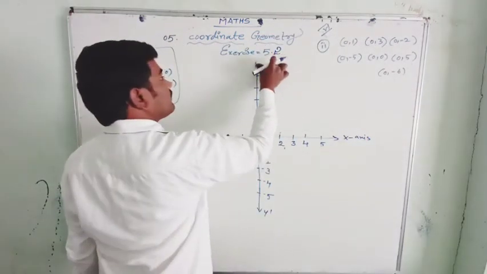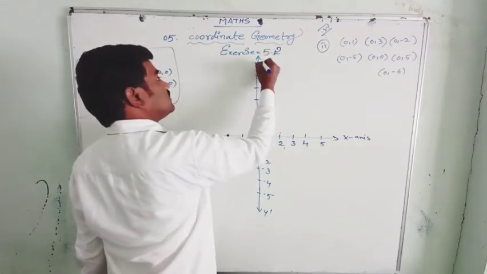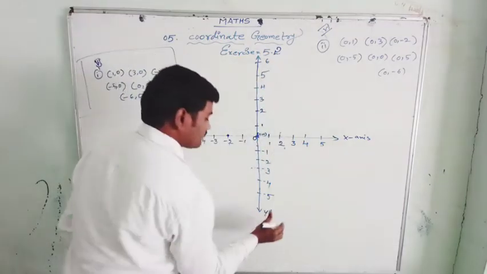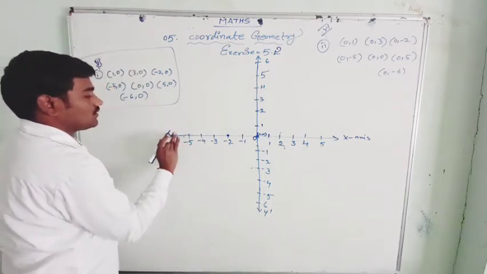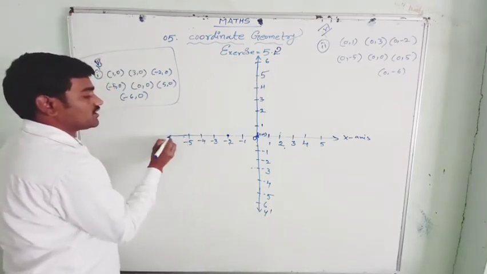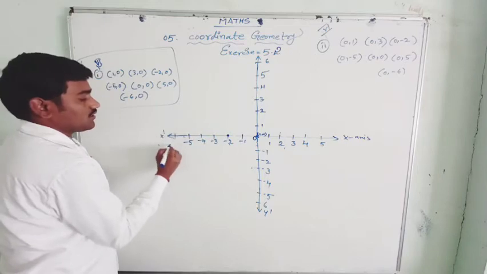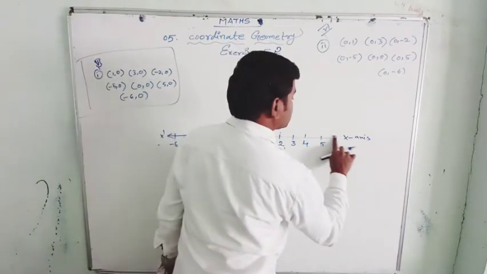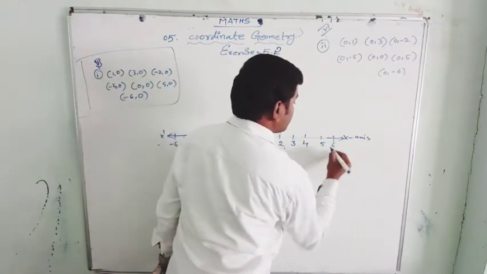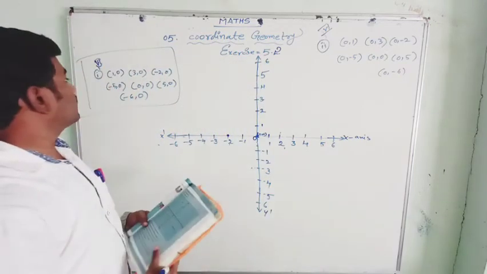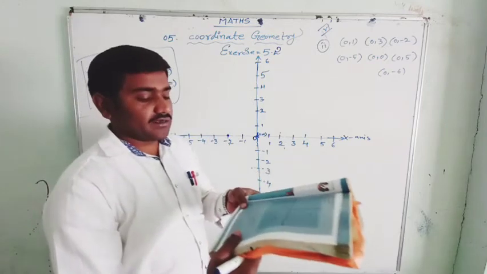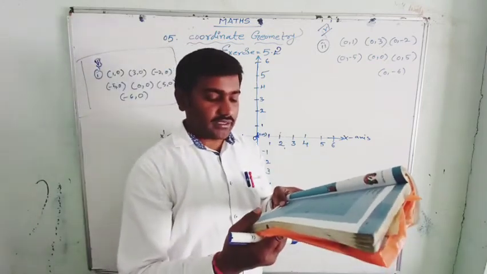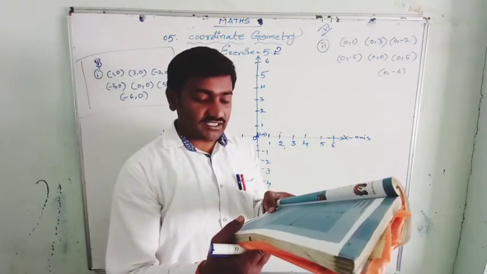So here let us extend this to 6 and minus 6, till the problem points, so I am extending up to 6. Then observe, plot the points ordered on a graph sheet.